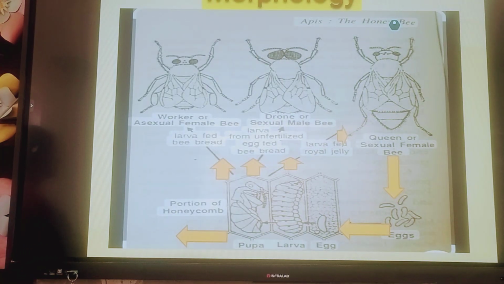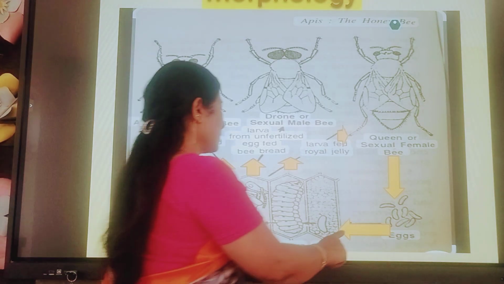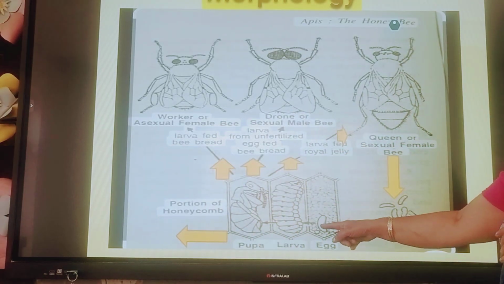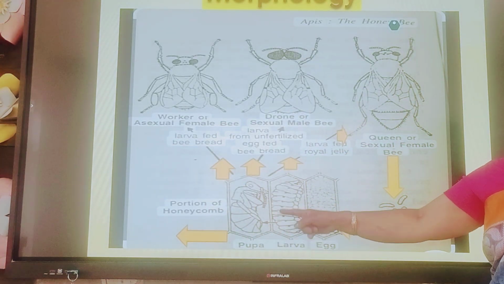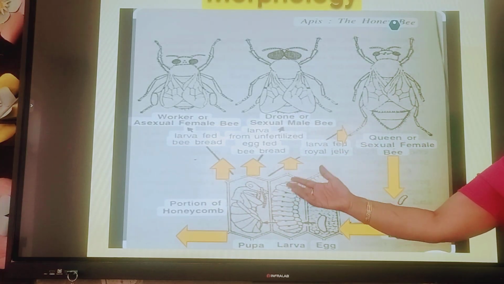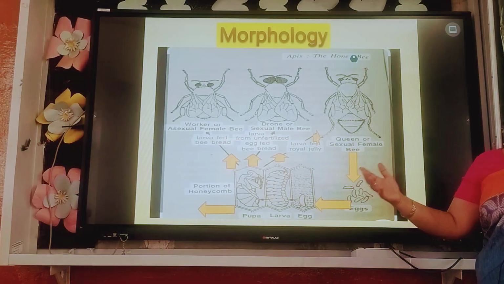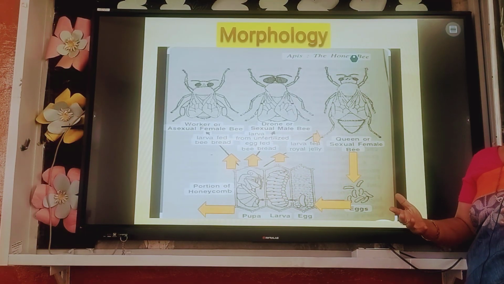Now you can see the morphology of all these forms: worker, drone and queen. In the beginning you can see the eggs changing into larva, changing into pupa. Then it depends upon the diet or nutrition.